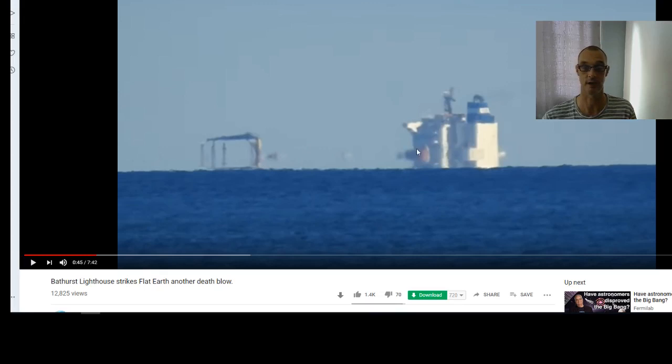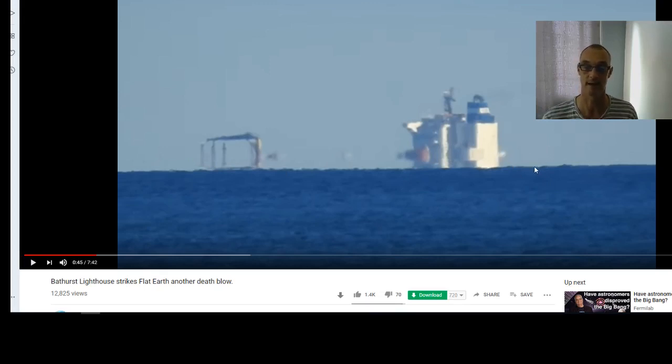And of course, what we have here is a ship, and we can't see the bottom of the ship. So this is the usual argument that the bottoms of ships disappear down a curve in front of us. But all you have to do is just look at what's actually happening here. We have this obvious mirroring.